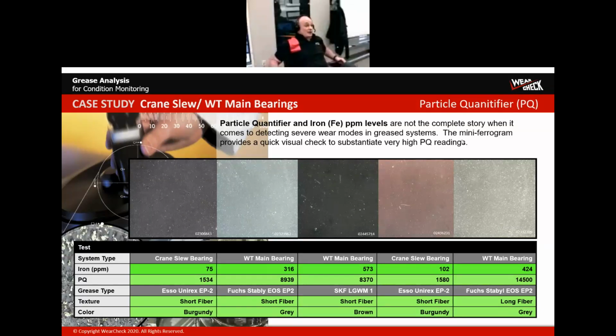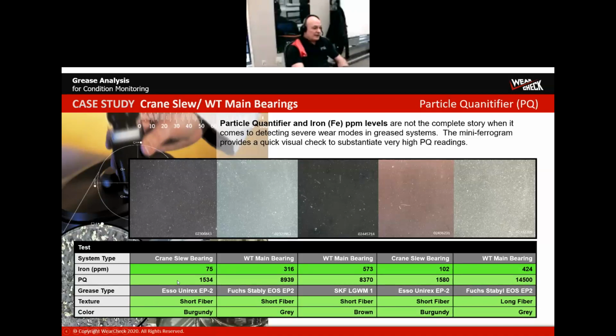They're both very large bearings with intermeshing teeth that rotate, whether it's a crane or whether it's the position of the blades into the wind on a wind turbine. And when we look at the iron ppm levels, there's quite a bit of variance, 75 ppm right up to 573 ppm. The PQ variance is also somewhere from 1500 right up to 14,000.